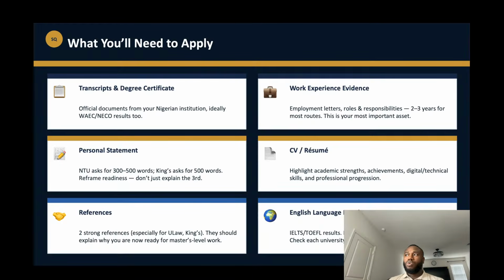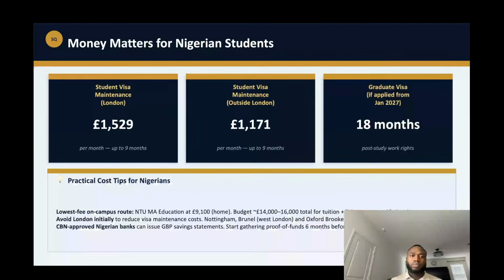If you want to apply through us and you don't have a good CV, or even have a CV and you want us to optimize it, format it properly, and make it highlight and show all of your strengths and achievements, we are happy to do that when you reach out to us. And then the last one is the English language proof, which most universities in the UK will waive for Nigerians.